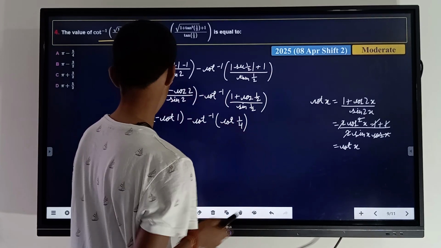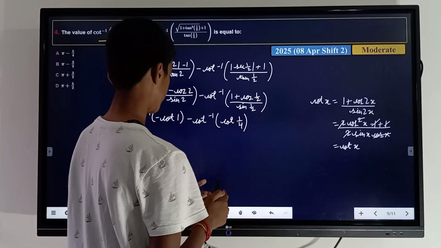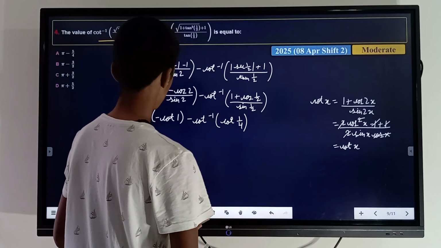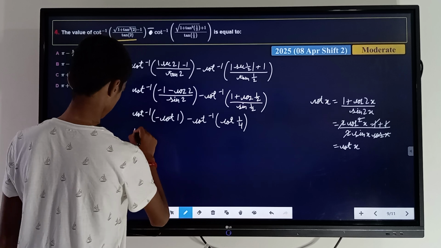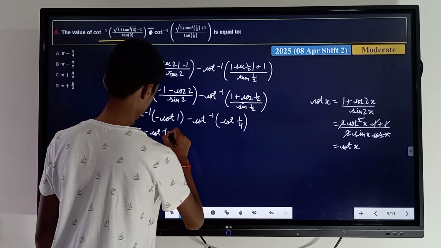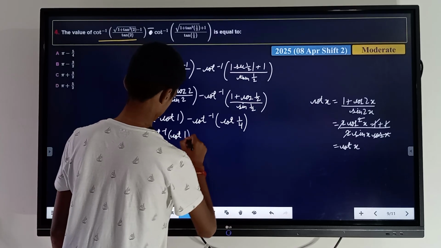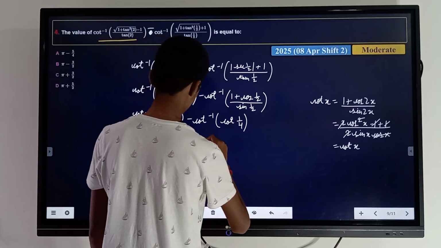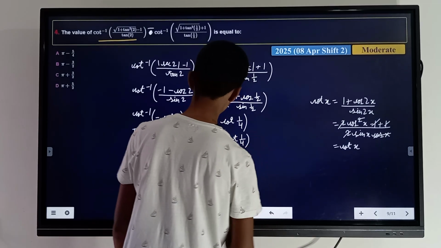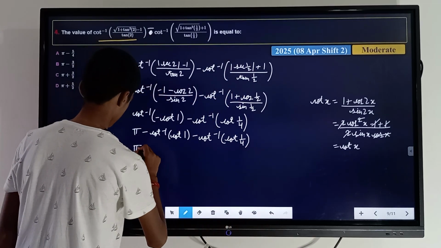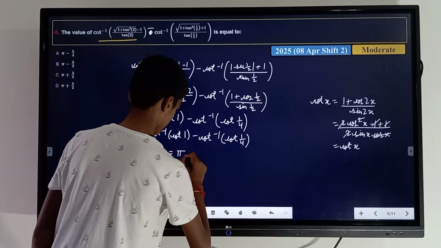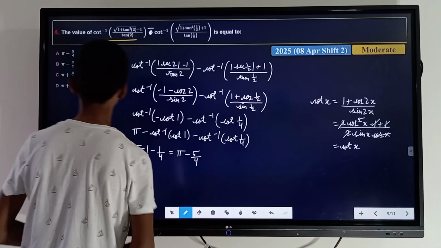Minus 1 is between 0 to negative pi, so this will open with pi minus theta. So pi minus of cot inverse cot 1 minus cot inverse cot 1 upon 4. From here we will get pi minus 1 minus 1 upon 4. This is equal to pi minus 5 upon 4.